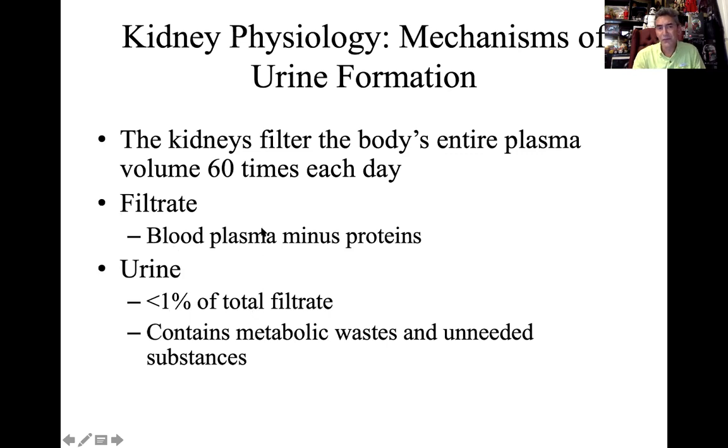That's important, right? If this much fluid is being pushed out into these tubules, and we were to urinate out that much volume, we would dehydrate and die very rapidly. But again, less than 1% of the total filtrate is going to be excreted.